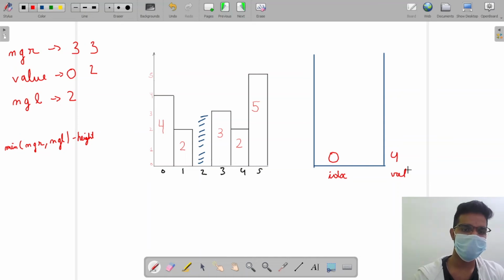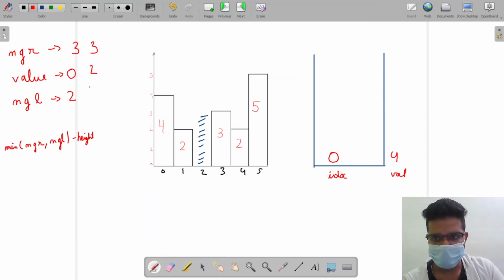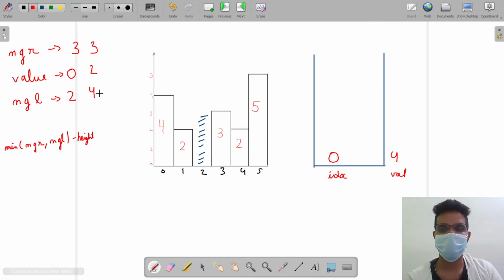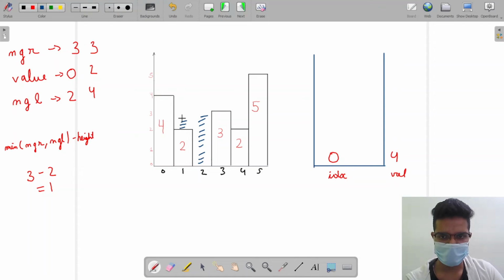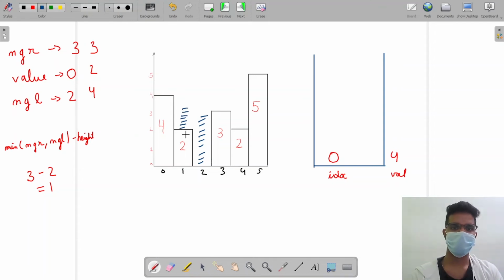Again the top element of our stack, that is 4. So now we calculate the amount of water we can store. For that, again, we are going to use our formula. So we can see 3 minus my own value, that is 2. That gives us 1. So here we can store 1 unit of water. Perfect.